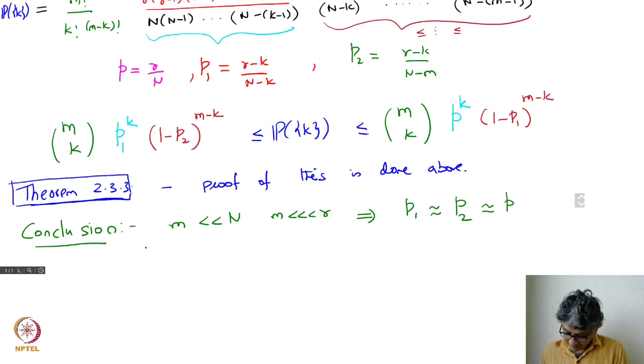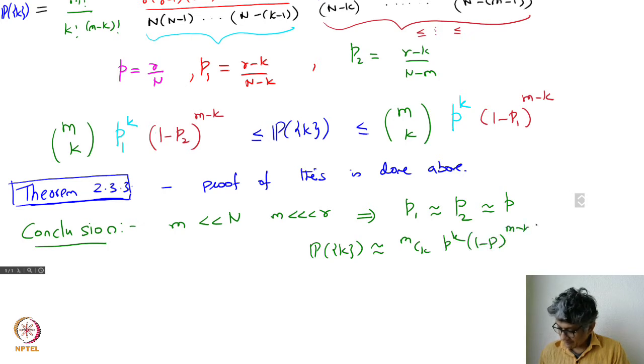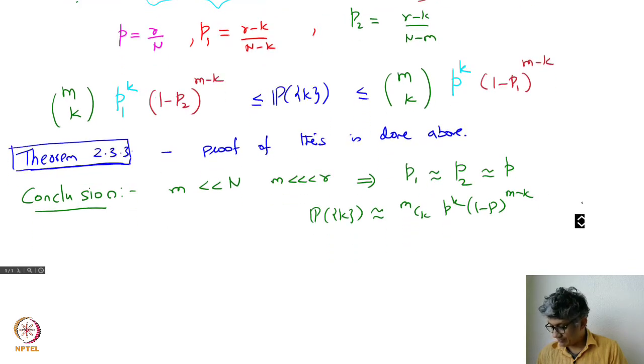So let's say they're both approximately equal to P. That means what you would get is P of K is like m choose K, P to the power K, (1 - P) to the power m minus K. That's what you would get.